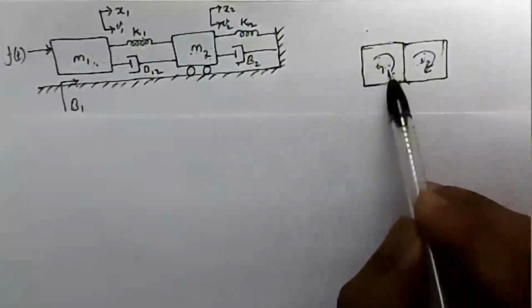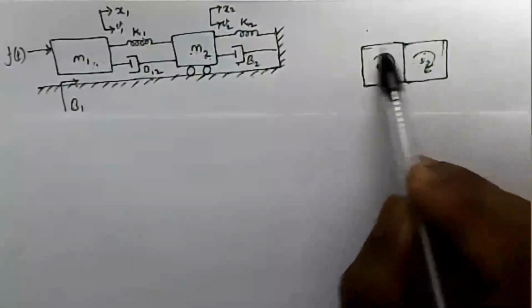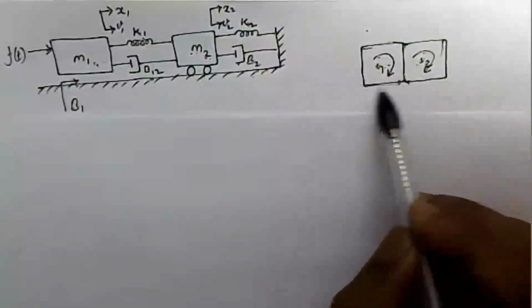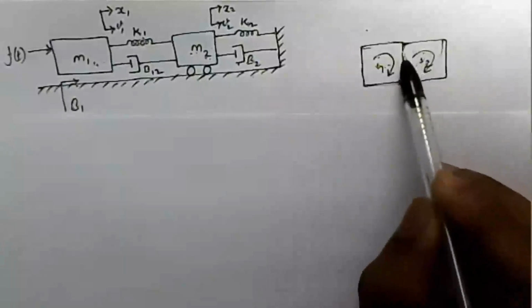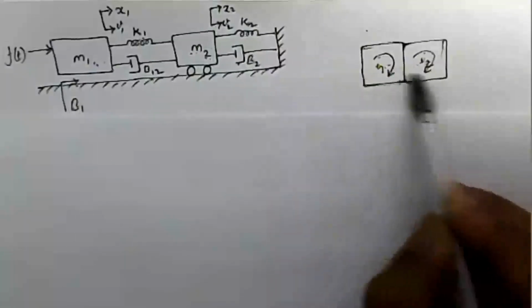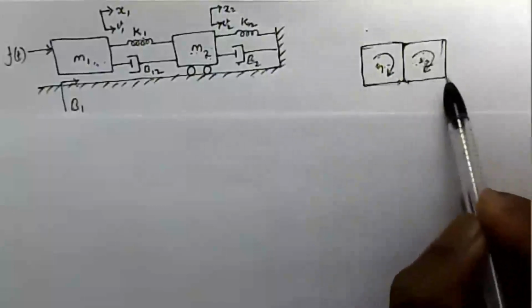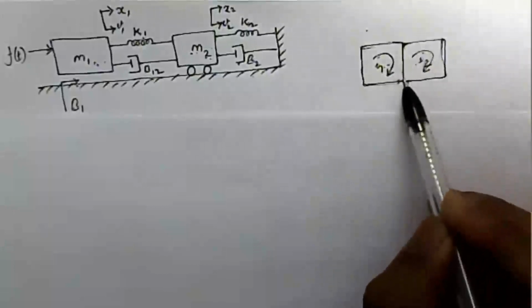The loop currents are marked as I1 and I2. In the first loop, this is the individual branch. This branch is the common branch, common to both meshes. Then in the second loop, this is the individual branch, and this is common.